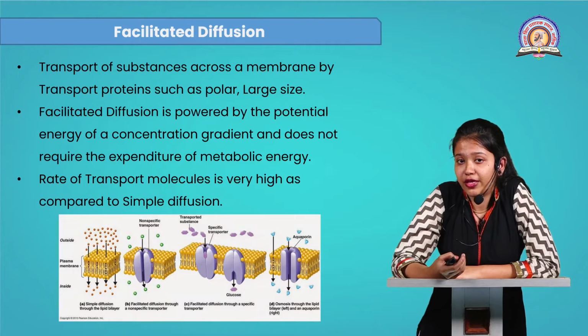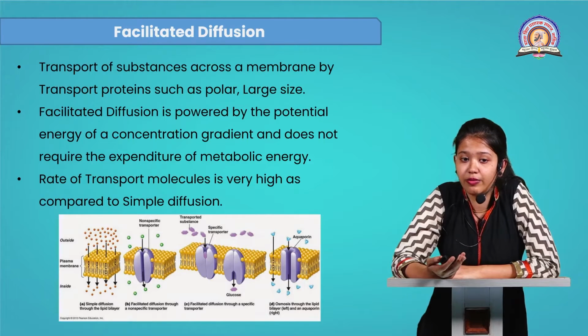In this type of transport mechanism, no metabolic energy is used, and the transport of molecules occurs along the concentration gradient. As you can see in the diagram below, the first represents simple diffusion, which occurs naturally, where small non-polar molecules and polar molecules can easily pass through a lipid bilayer.